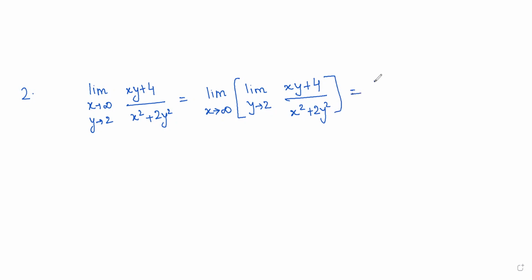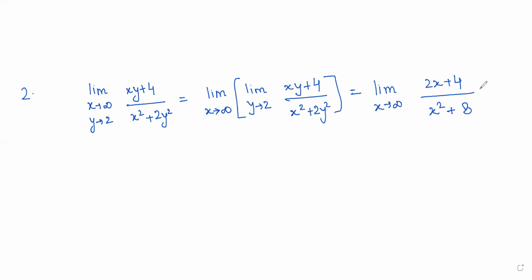So the limit as x tends to infinity gives 2x + 4 in the numerator, and below we get x² + 2 times 4, which is x² + 8.